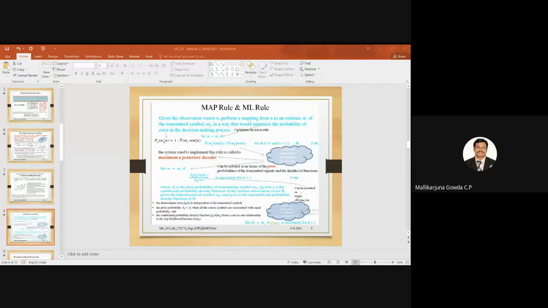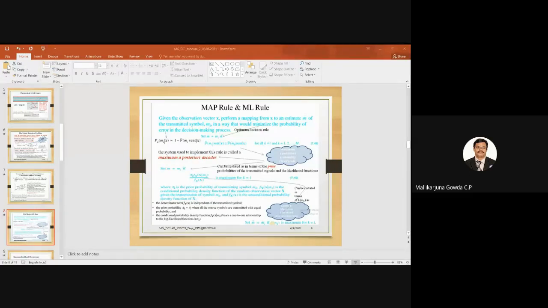We can restate this maximum a posteriori rule in other ways also. There are other possible ways to state this decision rule. This is what we call the optimum decision rule.